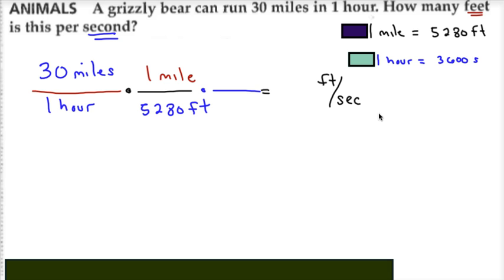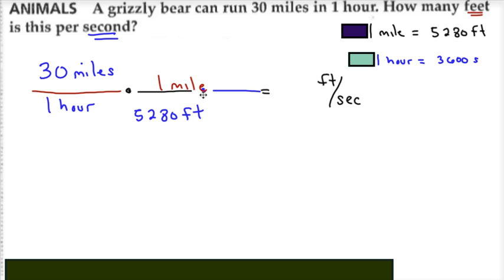In my final answer, is there anything that says miles? No. So I want to set this fraction up so my miles can simplify. With my 1 mile in the numerator or in the denominator? If I put 1 mile in the numerator, can I simplify miles and miles?